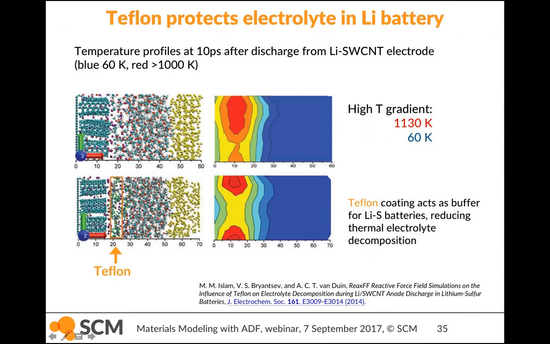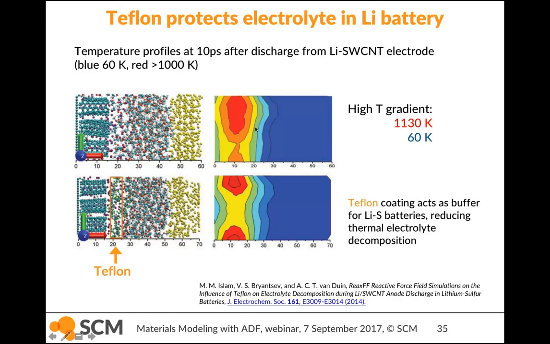I already mentioned this when I started talking about ReaxFF. Here's a little bit more details of the study. So carbon nanotube, lithium shooting out of it, going to the sulfur anode and through the electrolyte. Since you have these discharges, you have the lithiums coming out pretty hot. That heats up your system.